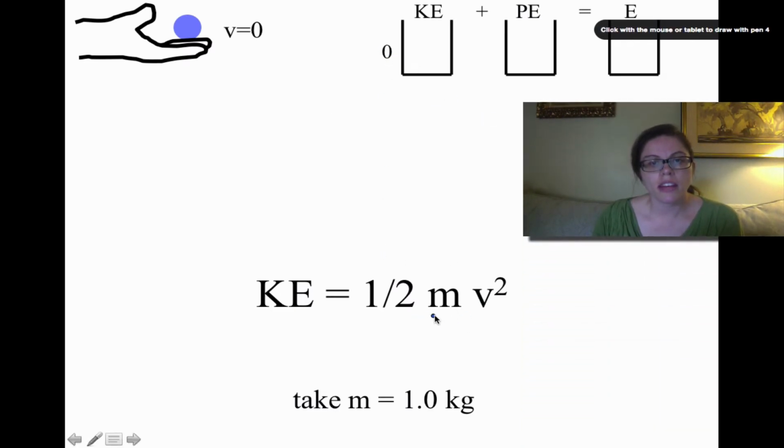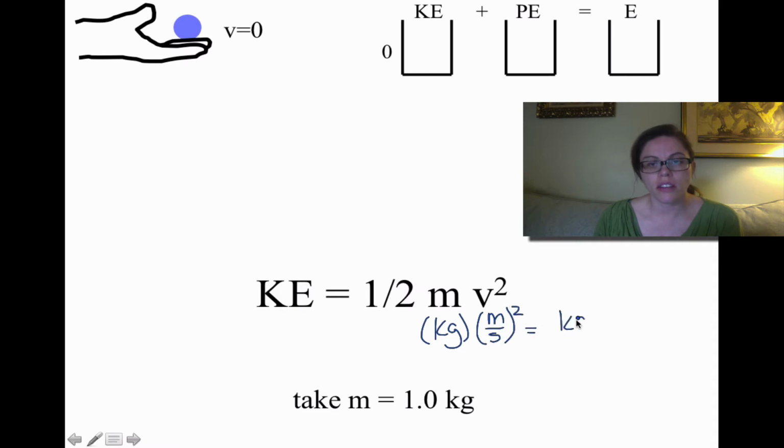The mass is in units of kilograms. Velocity is in units of meters per second, and that whole thing is squared. So a kilogram meters squared over seconds squared is equal to something called a joule, or just J for short. So there are 0 joules of kinetic energy in this ball.